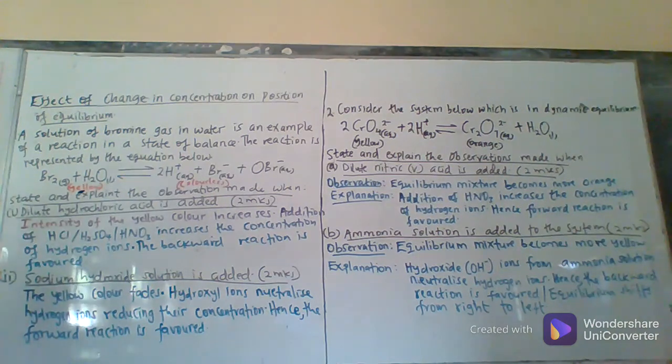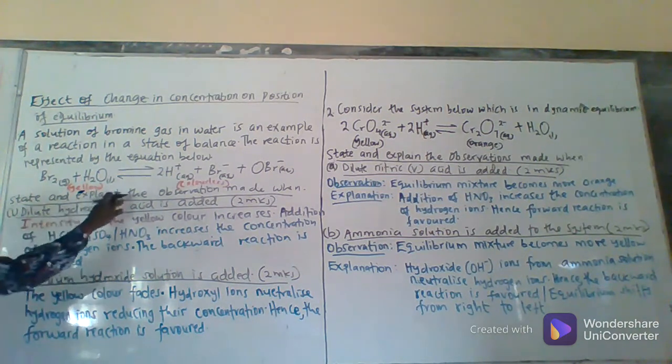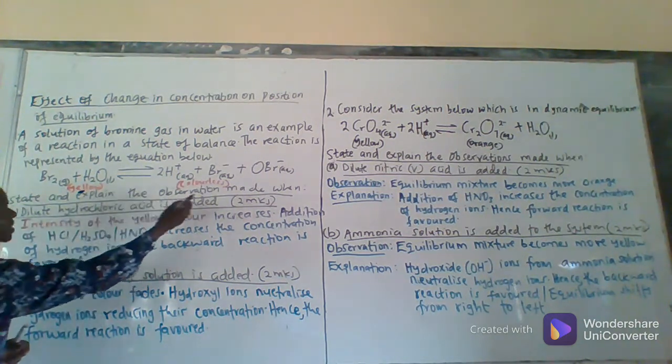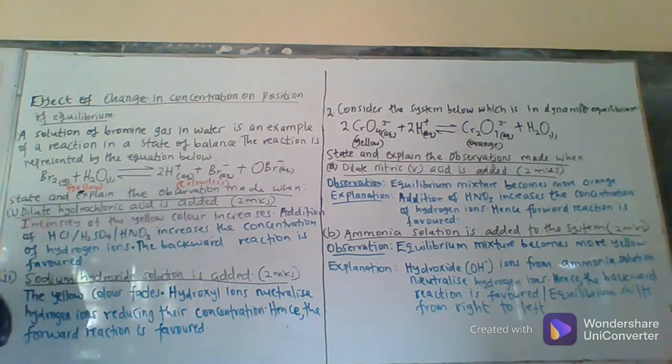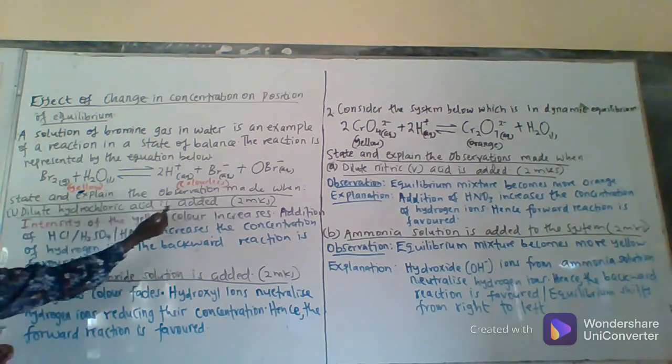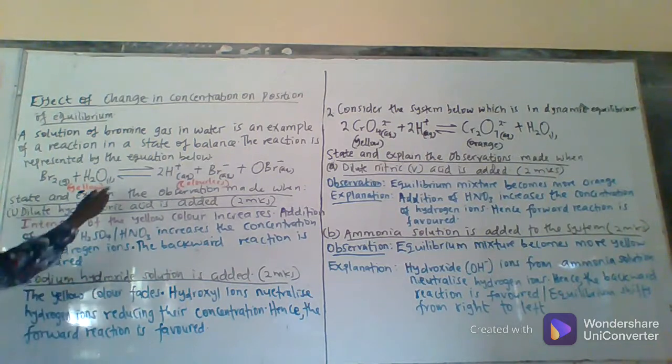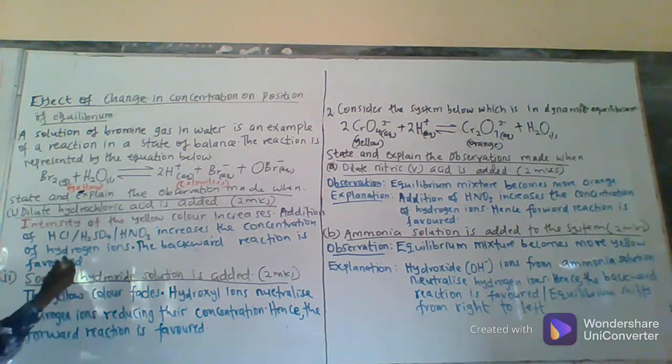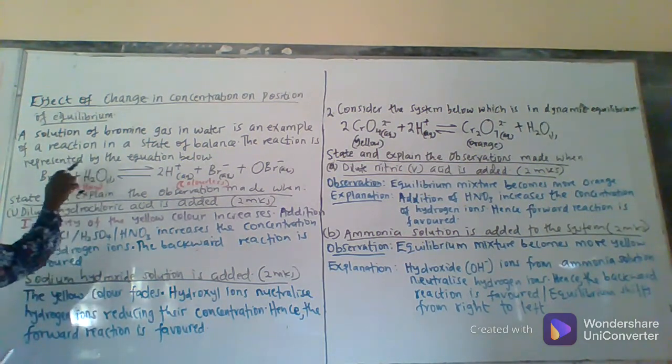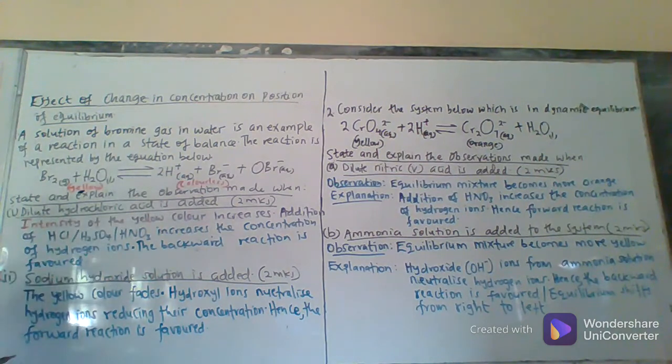Now, we want to state and explain the observation made when, number one, dilute hydrochloric acid is added to this system. First of all, students, you must ask yourself, when you add hydrochloric acid to this equation, what are you doing?